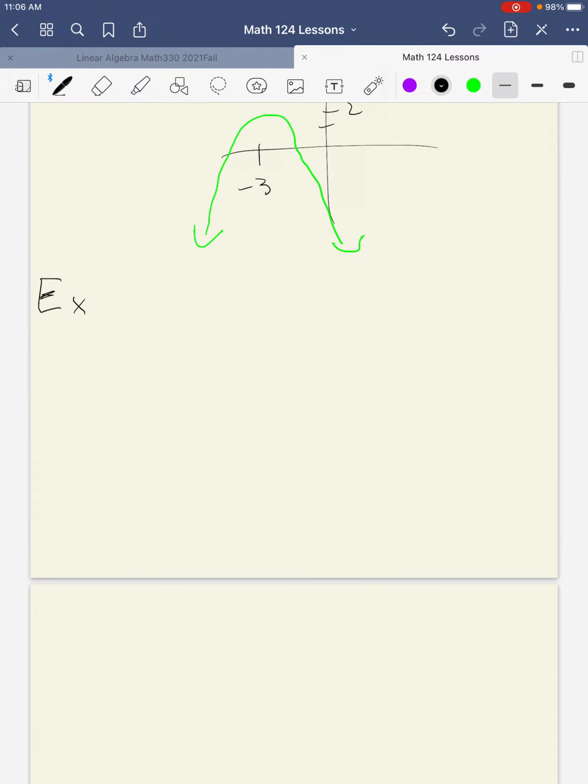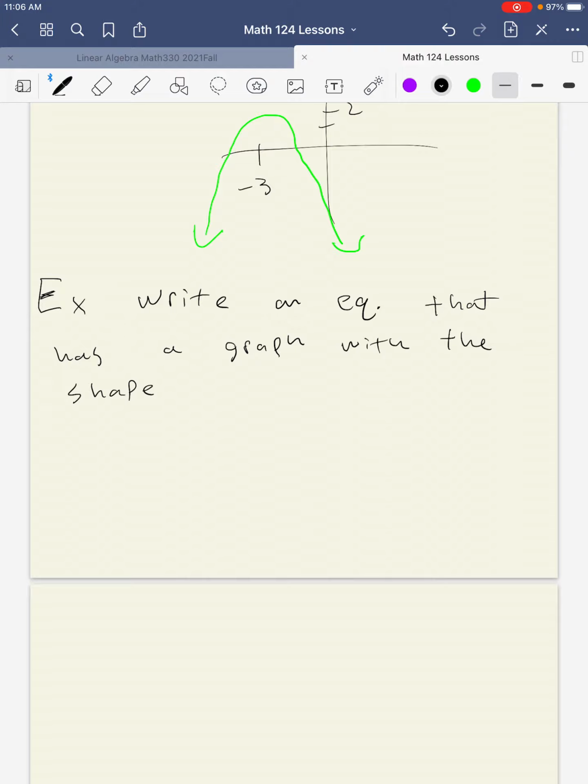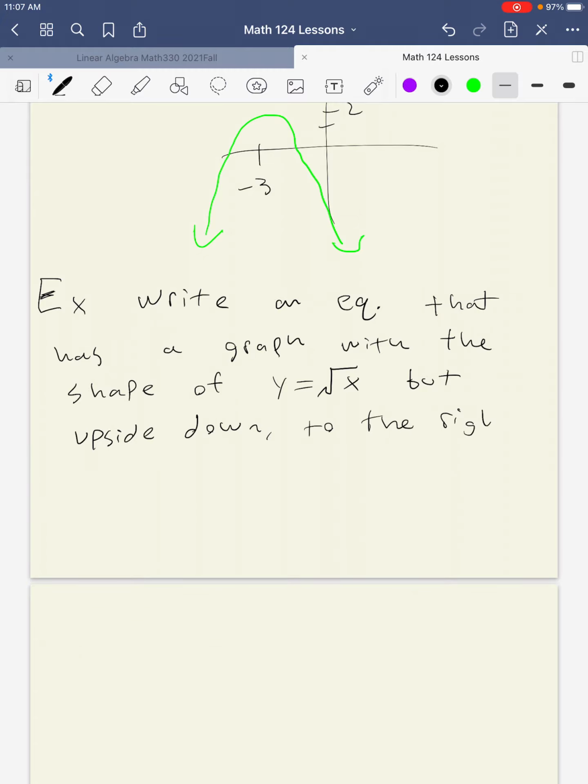So here, let us write an equation that has a graph with the shape of y equals square root of x, but it will be upside down, to the right by 4, and down by 3.